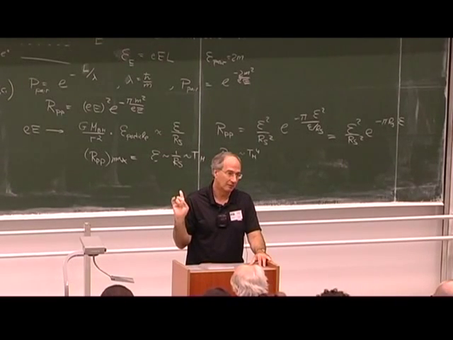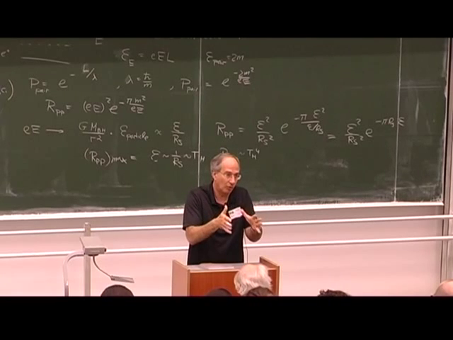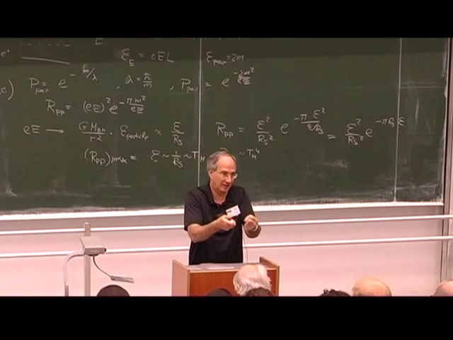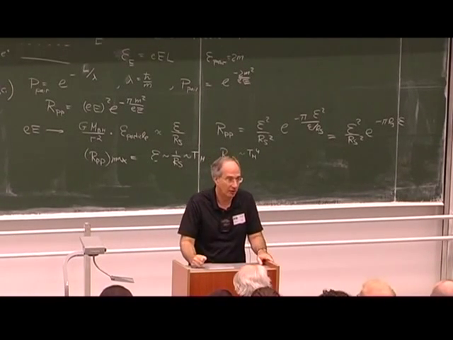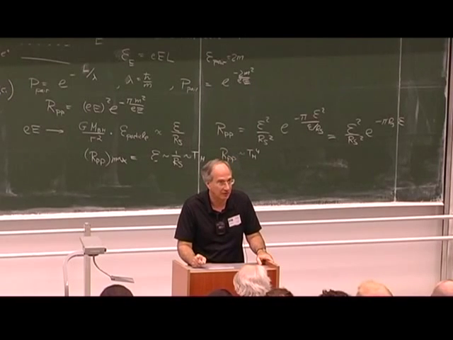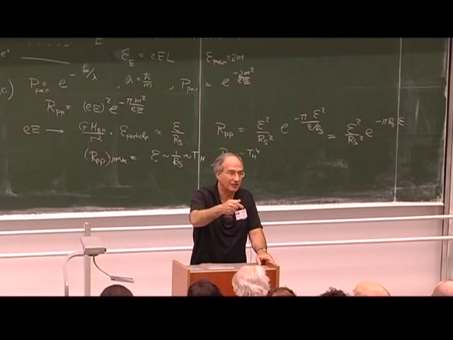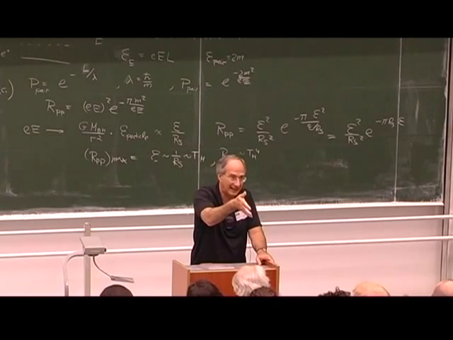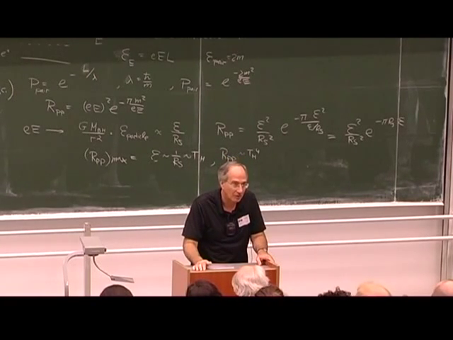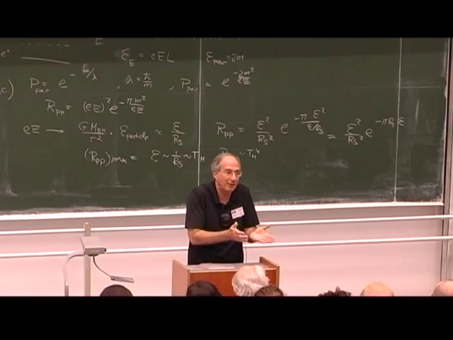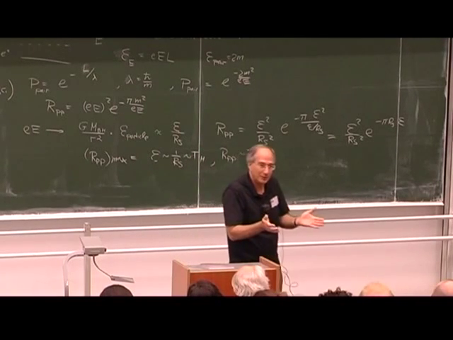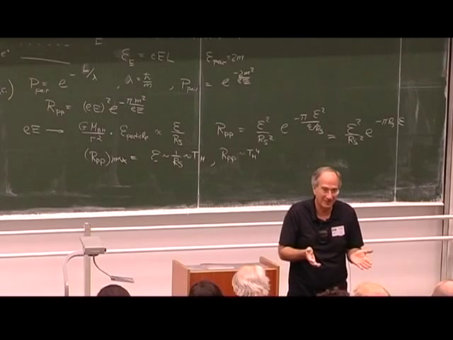Now here, if you had a real physical wall on the horizon, this will not be the case, because somebody that falls in will actually hit that wall. So they will be able to tell the difference between acceleration and gravitation.